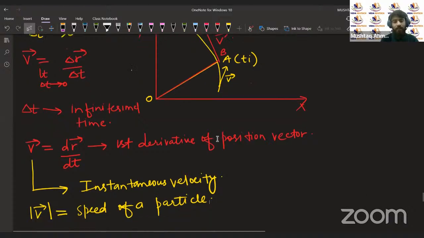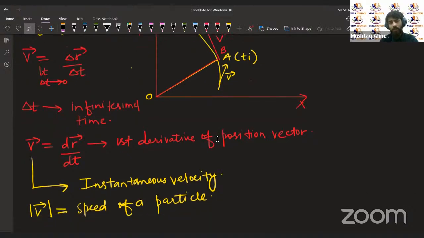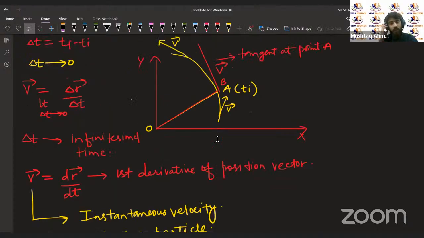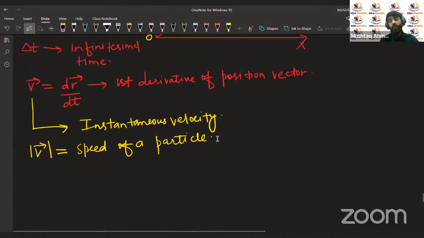The speed is constant, and it will be given by the magnitude of the velocity vector, while the direction of the velocity vector changes continuously, given by the tangent at any point on this curve. Why does the magnitude of the velocity vector give the speed at some particular time? Let's try to understand it.